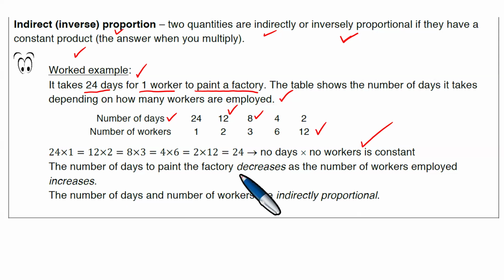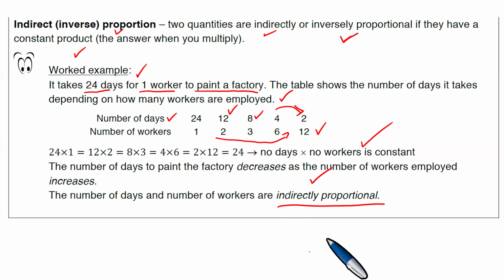If there are more workers, the number of days becomes fewer. The more workers working together, the fewer the days, because they do the work quickly as there are many. So the number of days and the number of workers are indirectly proportional to each other.